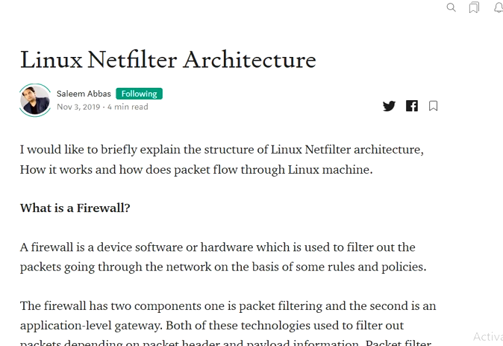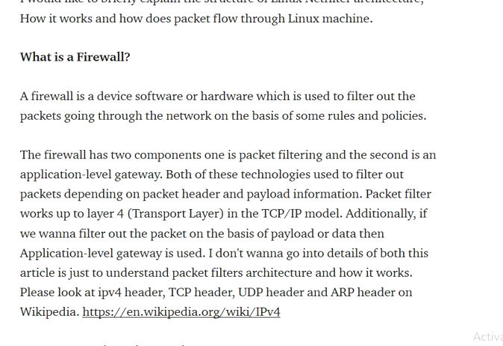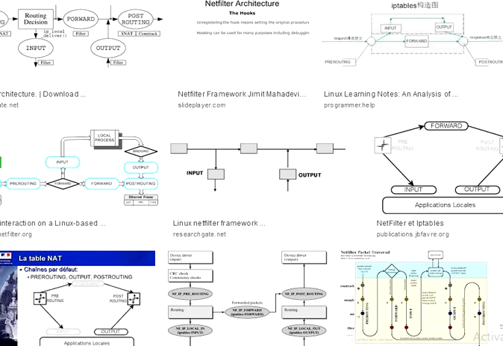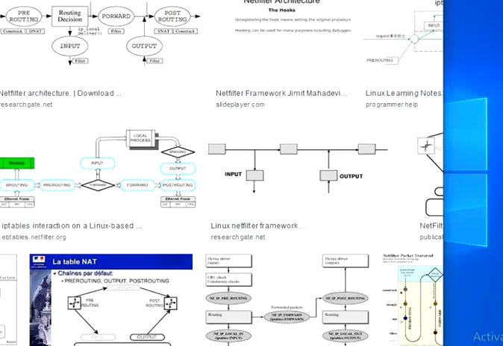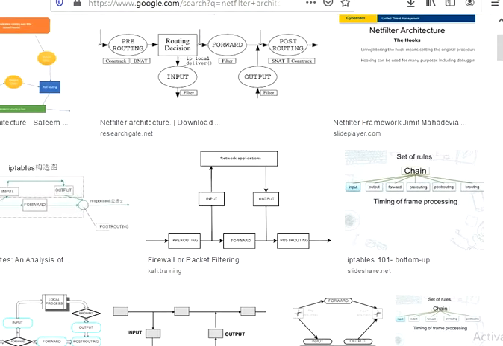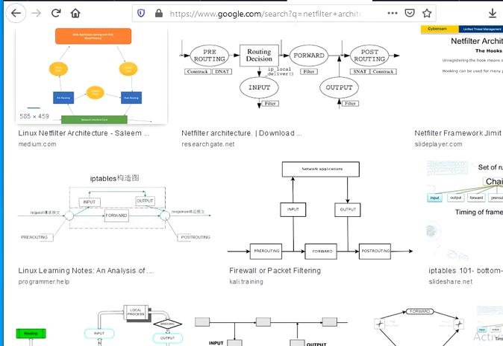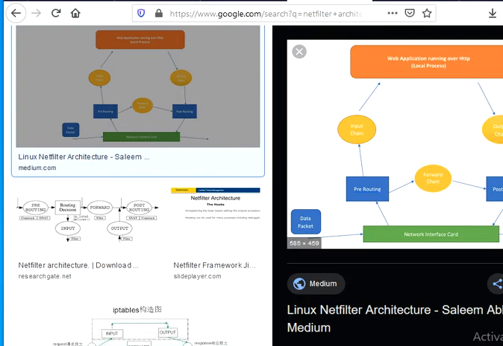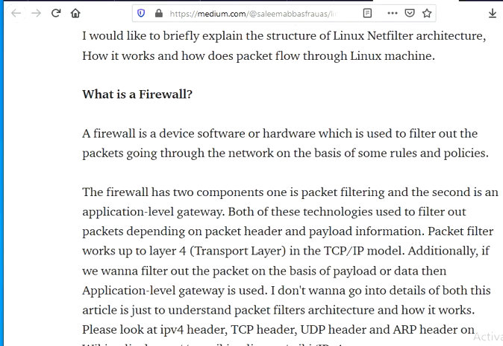If you Google Netfilter architecture, you have probably seen this picture. If you click on this site, you will be able to access it.